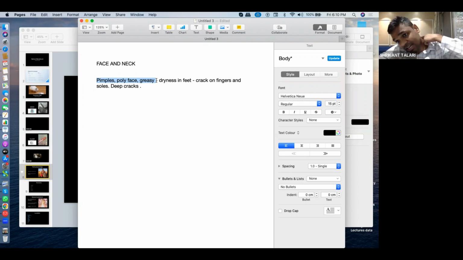Get this, the tongue is very dry, the lips go very dry, the face goes very dry, or it is very oily, very greasy, lot of pimples, lot of swelling, edema, or there is dryness in the hair, excessive dandruff, hair fall, dry hair, lifeless hair.